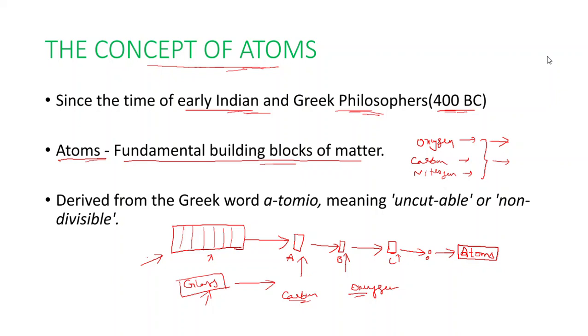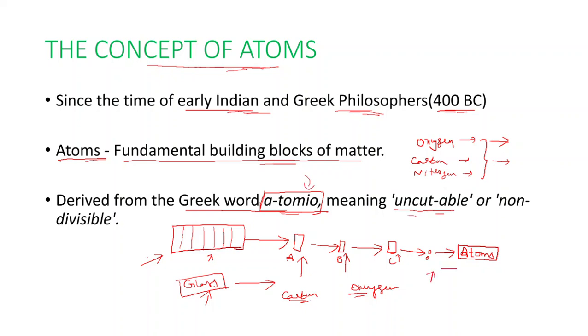Alright, and the word atom is derived from the Greek word atomio, meaning uncuttable. So this word atom is derived from this word atomio, which means uncuttable.